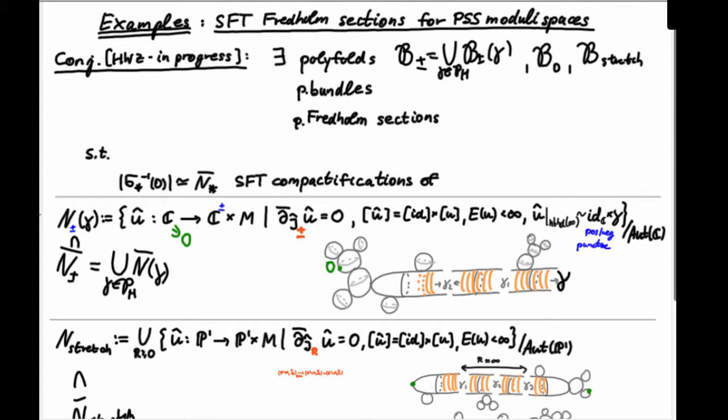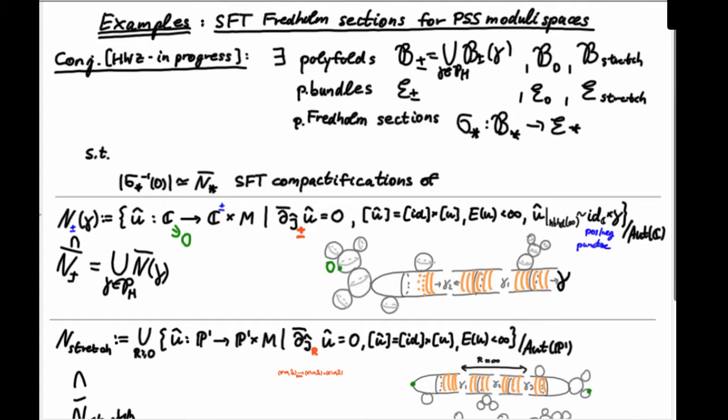And then over each one of those there should be polyfold bundles, and polyfold Fredholm sections in each one of them, from the base to the fiber.